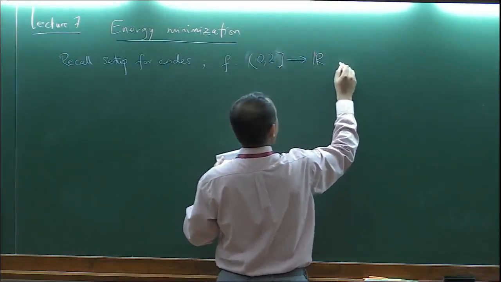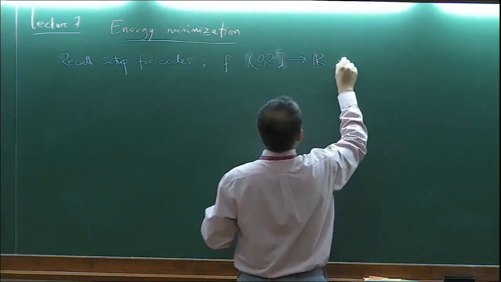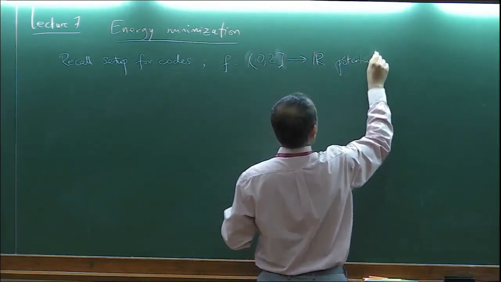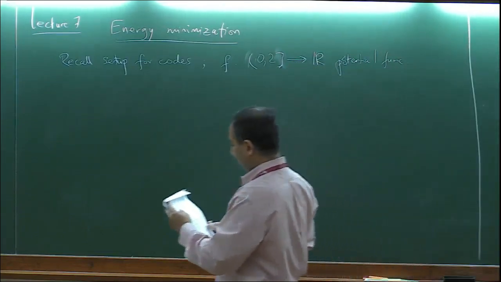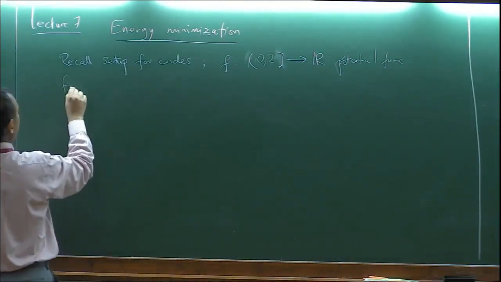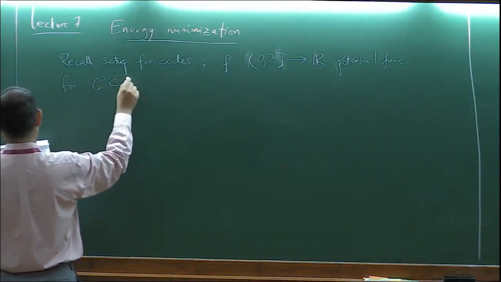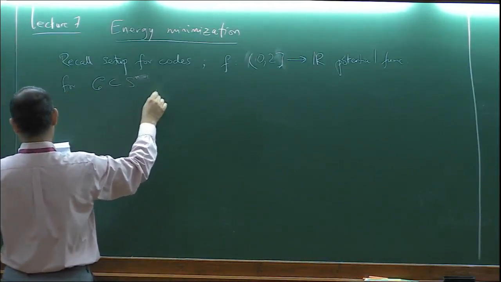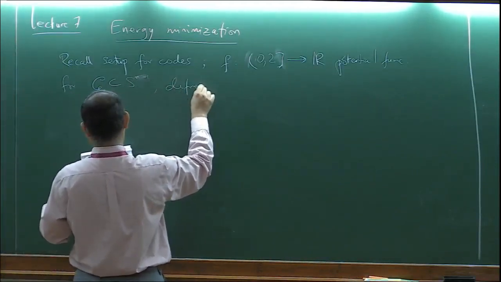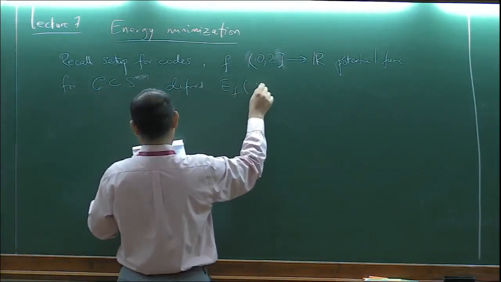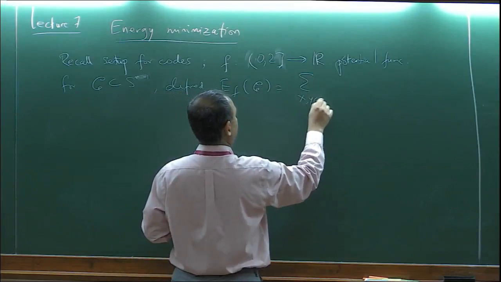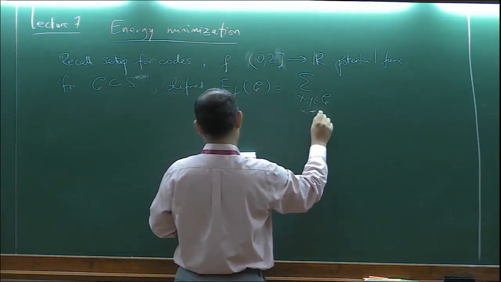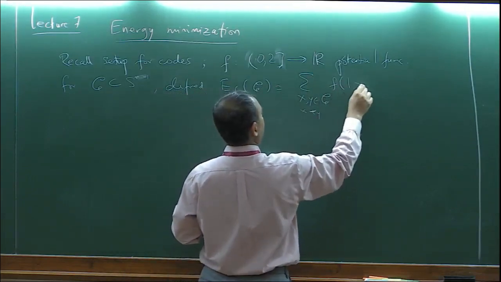Let f be a potential function. Then for the code C in S^{n-1}, define E_f(C) equals the sum over x and y in C, x not equal to y, of f of the distance |x - y|.